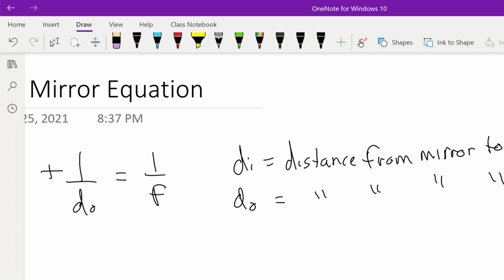Oh sorry, I got them backwards, pardon me. The object is O, image is I, and that's it. And f is the focal length.